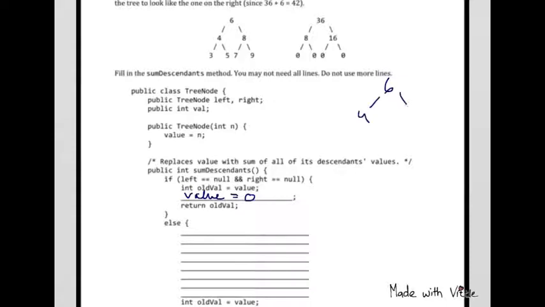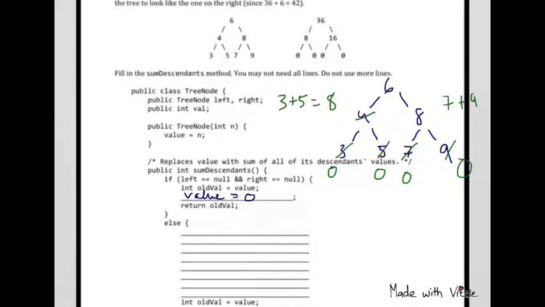So I'm going to go ahead and draw out the original tree, and we can talk at a high level about what we're planning on doing. So to do the sum descendants, we're going to take the 3 and 5 and 7 and 9 and set those all to 0. And then we're going to take the 4 and set it to the sum of the two descendants, which are now zeros, but previously were 3 and 5, which is 8.